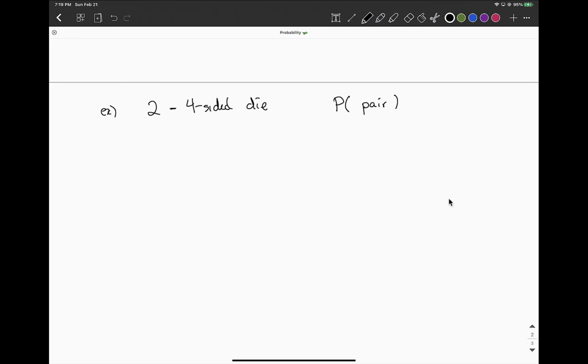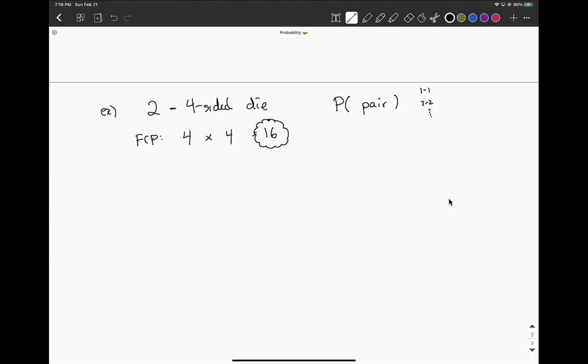Pair meaning the same number on each die, like a pair of 1s or a pair of 2s. What is the probability of this? Where I would like to start is, first of all, pull out the fundamental counting principle. There are 4 outcomes on the first die, and then 4 outcomes on that second die, meaning the probability is going to be out of 16 total.